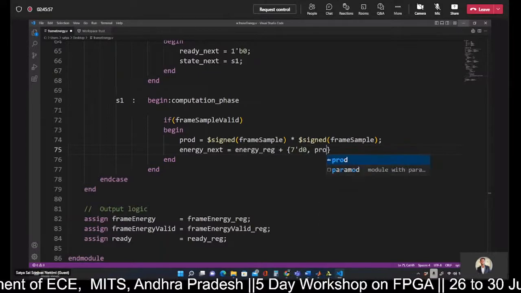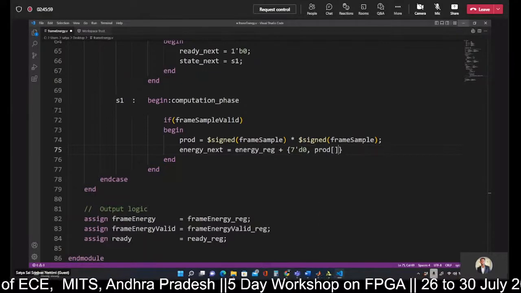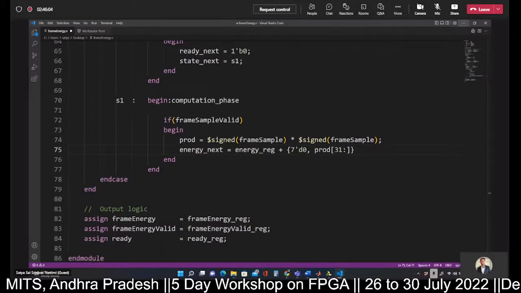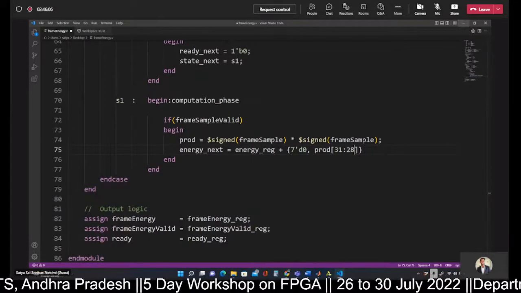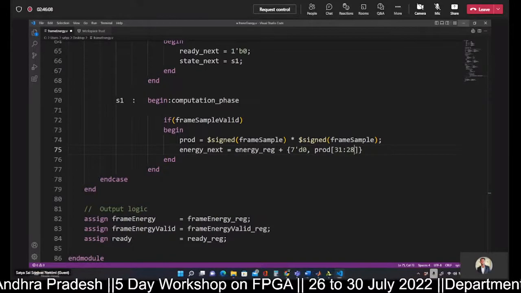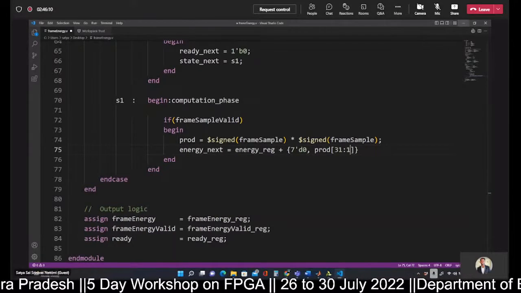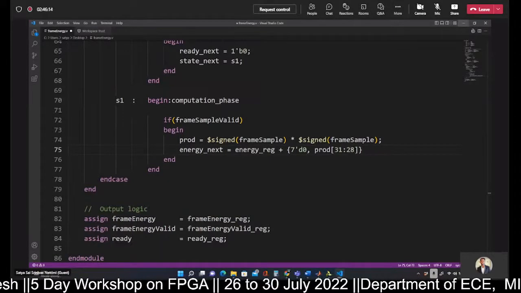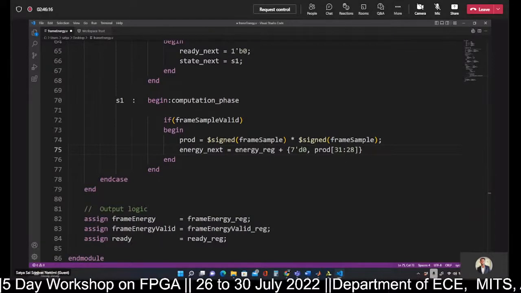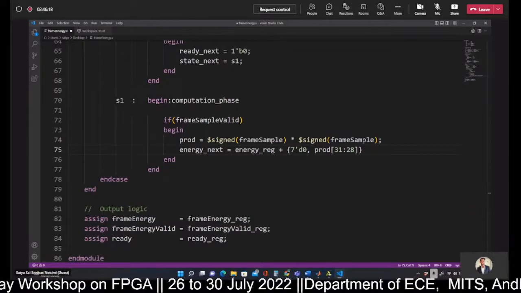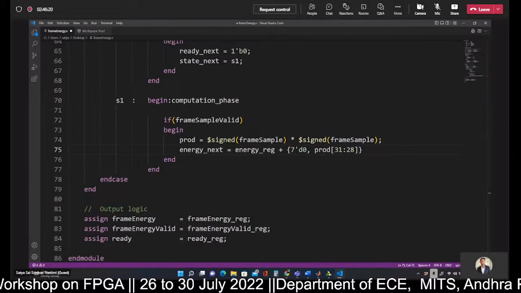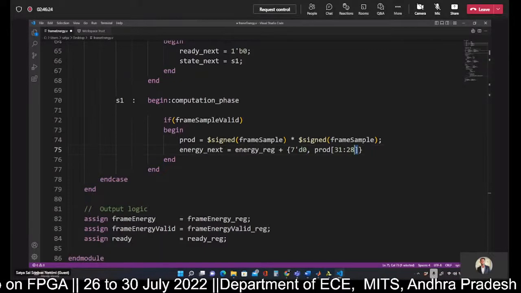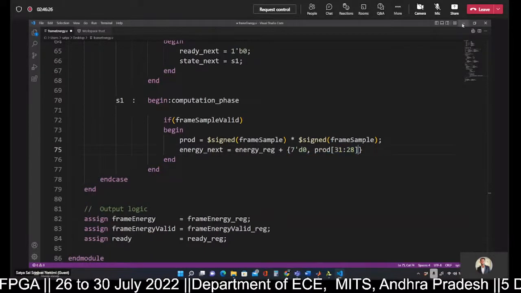After appending 7 zeros to the product, from bits 31 to 28 I am taking, not 28, 14, but I will tell why. In this, bits 31 to 28 is 4 bits, that is 28, 29, 30, 31, 4 plus 7, total 11. Up till here the integer part has been completed.